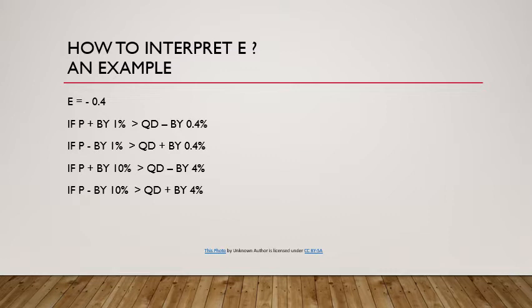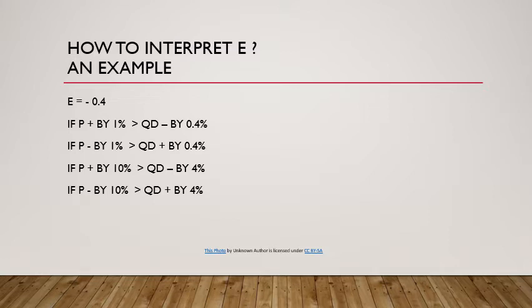So, back to what I was saying. We're trying to interpret this negative 0.4. What exactly does it mean from the perspective of price and QD? If the price increases by 1%, then quantity demanded will decrease by 0.4%.